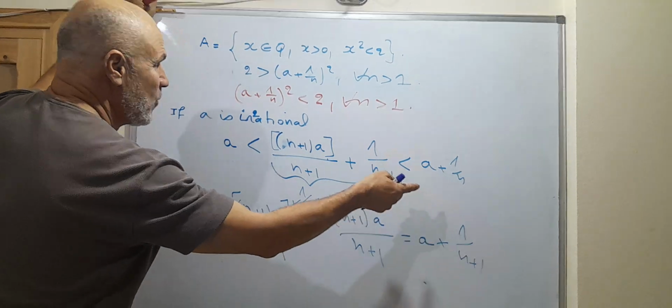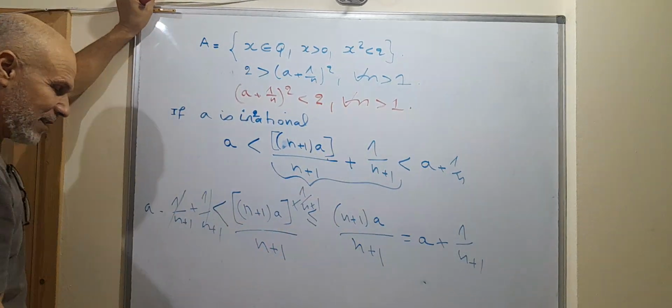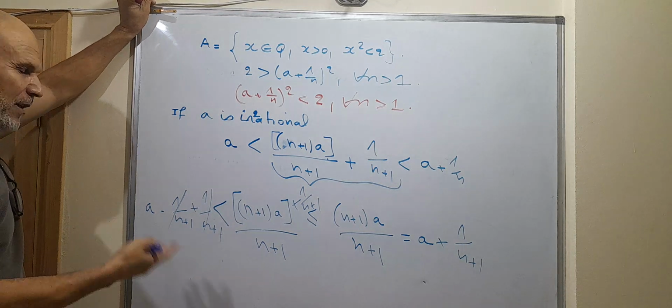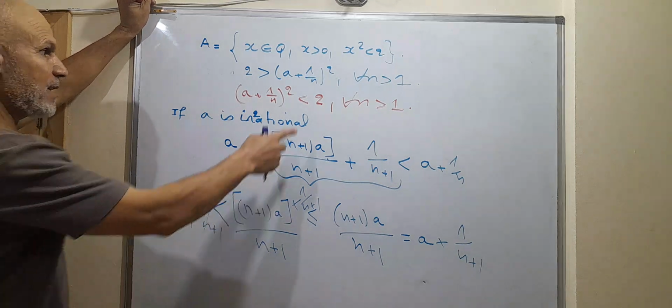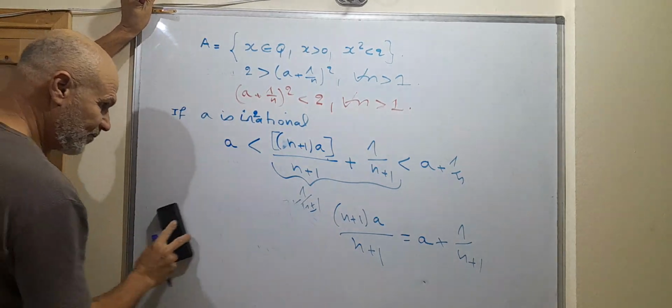If we take the square, this will be less than 2. We have a contradiction for this reason. Conclusion: this cannot be true, so the opposite is true.